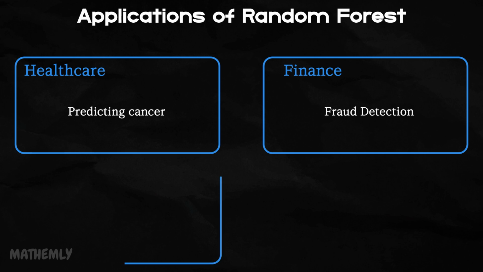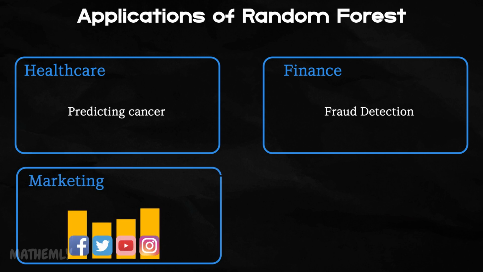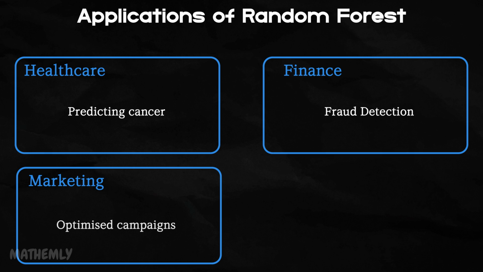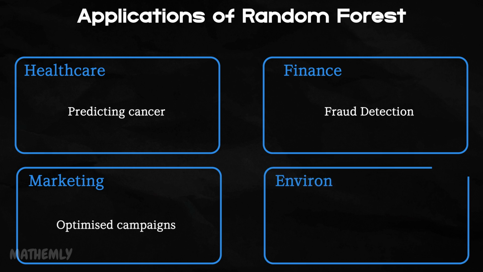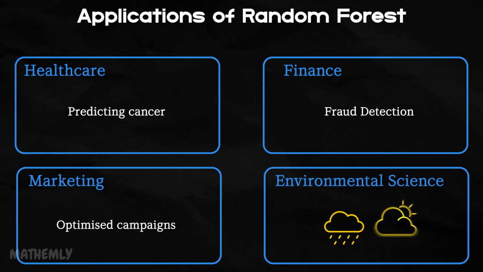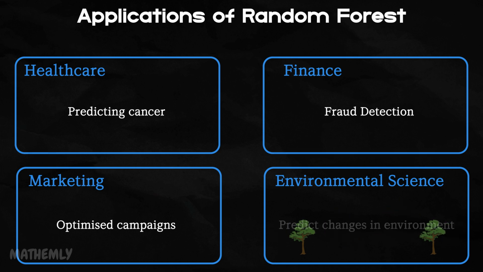They are also widely used in marketing to predict customer behavior, segment audiences, and optimize campaigns. Also, they are applied in environmental science for tasks like predicting climate changes and analyzing deforestation patterns. The versatility and accuracy of random forests make them a powerful tool in various industries.